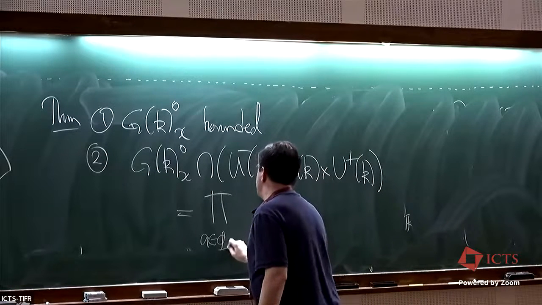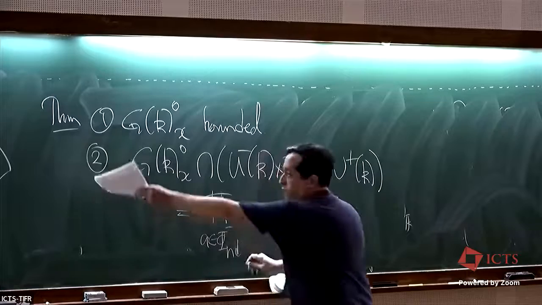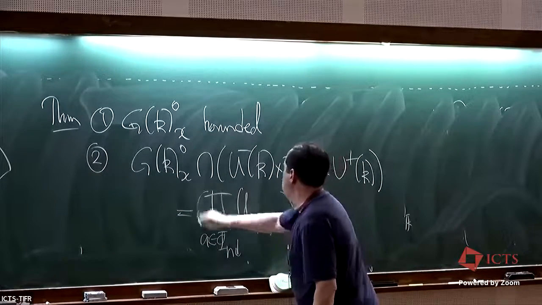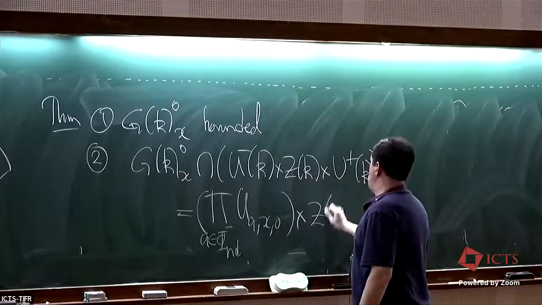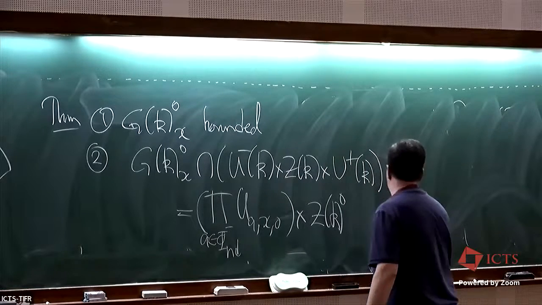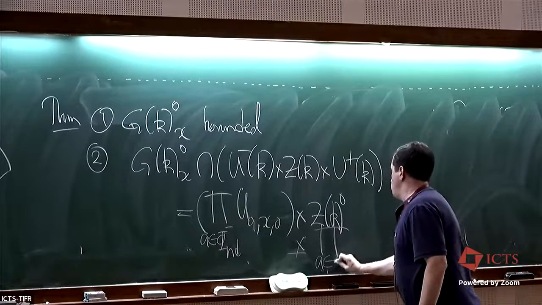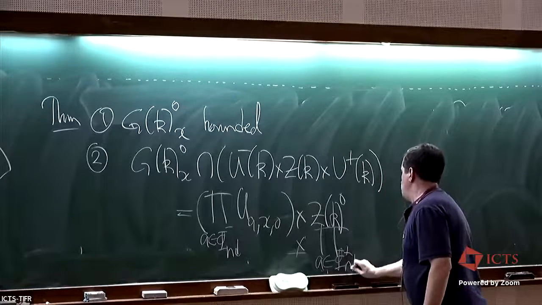Namely, in the negative root groups, you only get what you put in, multiplied in any order. In this piece, you only get ZK0. And then in this piece, you only get the contribution from the non-divisible positive roots of what you put in.